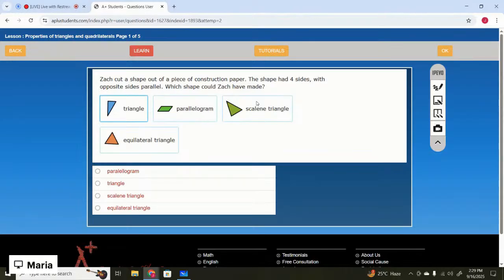Zach cut a shape out of a piece of construction paper. The shape has four sides with opposite sides parallel. Which shape could Zach have made? The only shape that has four sides in the given shapes is a parallelogram. So he must cut a parallelogram. Option number one is the correct option.